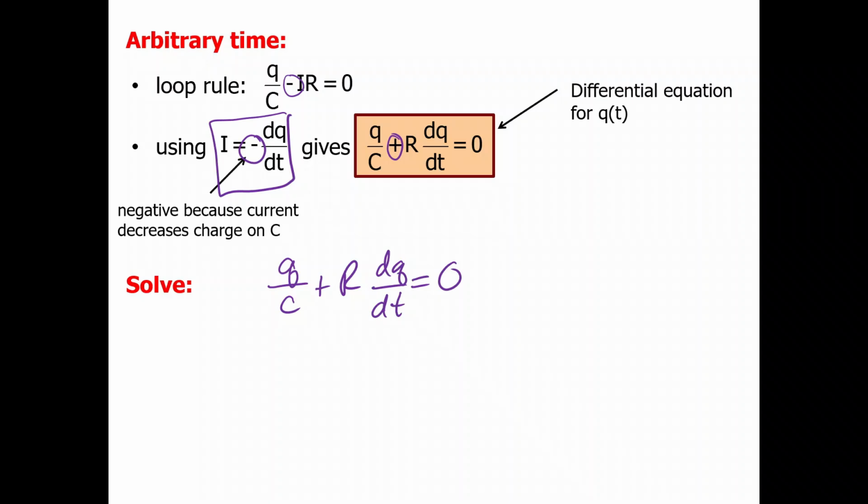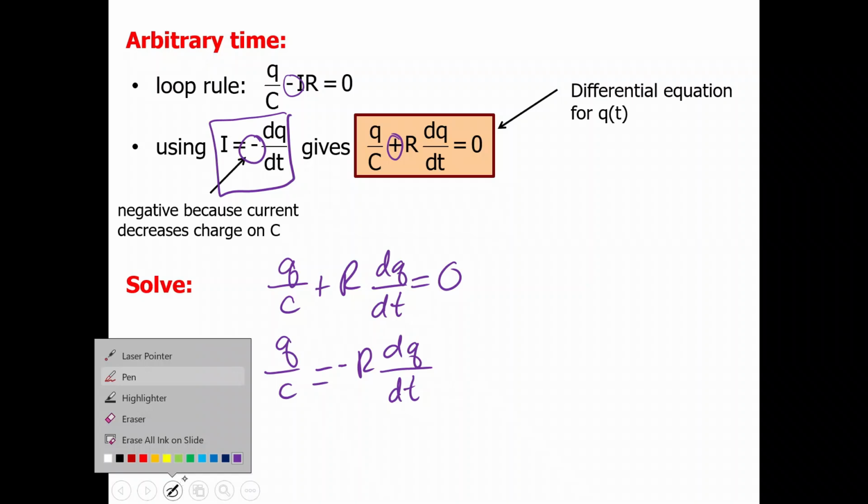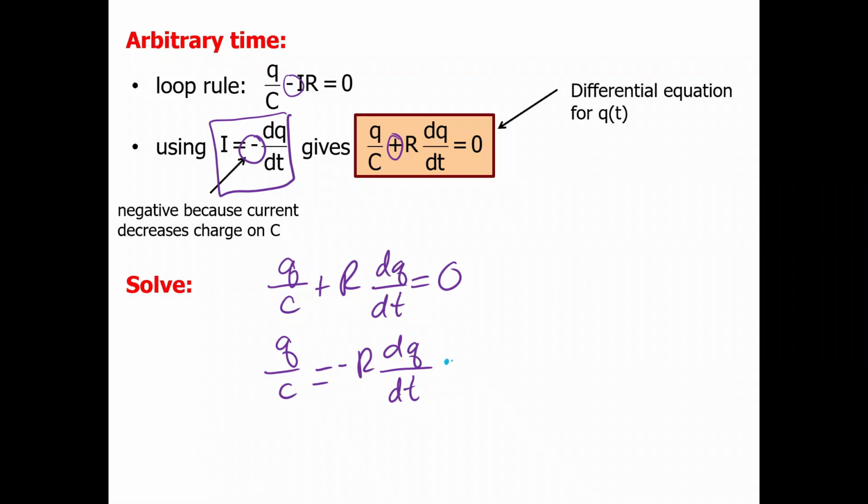So we still need to separate. I'm going to move the r dq dt to the other side, kind of like I did before. That's getting subtracted, though, in this case. And then I'm going to cross-multiply this stuff out. So I want the dt to be on the other side. I want the negative, and I want the r to be on the other side. So I'm going to multiply by negative dt over r.